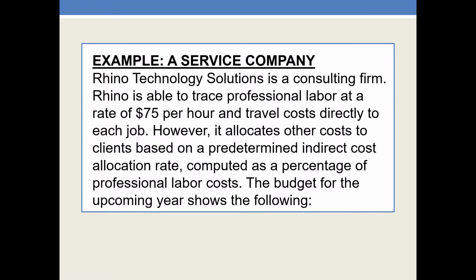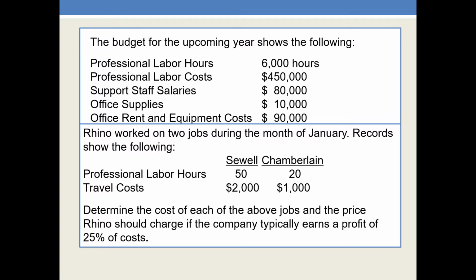The budget for the upcoming year shows the following. So we see that they expect 6,000 professional labor hours at a cost of $450,000. They expect support staff salaries to be $80,000, office supplies $10,000, office rent and equipment costs $90,000.